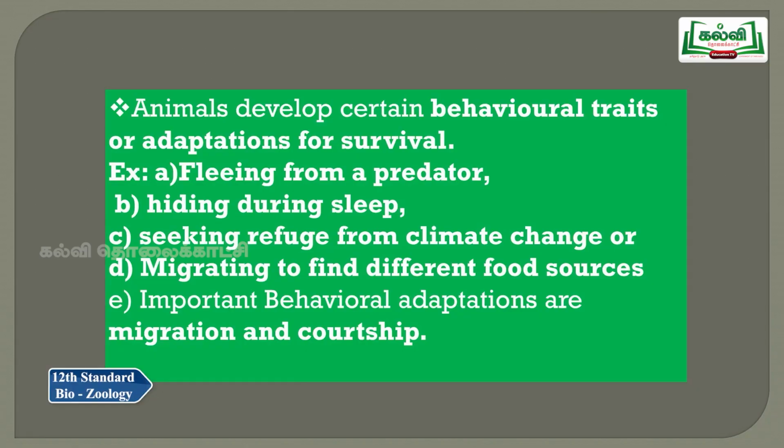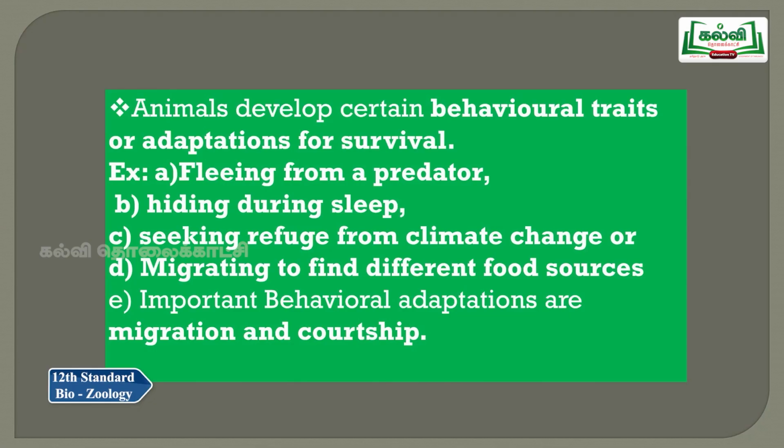So the point you have to write under this is, animals develop certain behavioral traits or adaptations for survival. An example is fleeing from a predator. If an organism sees that it is going to be killed, it will fly away or run away. That is called fleeing.